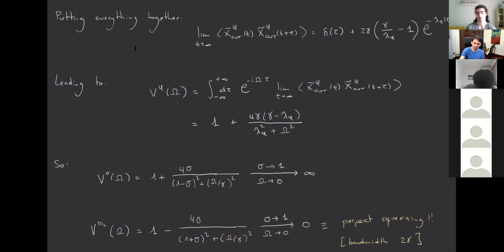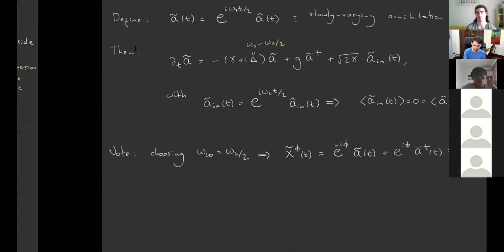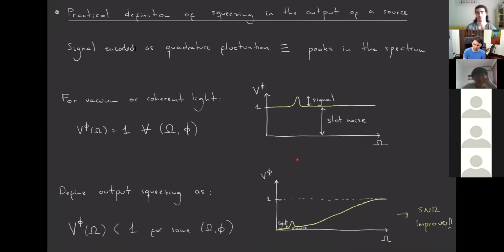So in particular, if you plot this squeezing spectrum, so you plot V as a function of the frequency omega, you get exactly this thing in here without the signal. I mean, because we are not modulating with any signal.